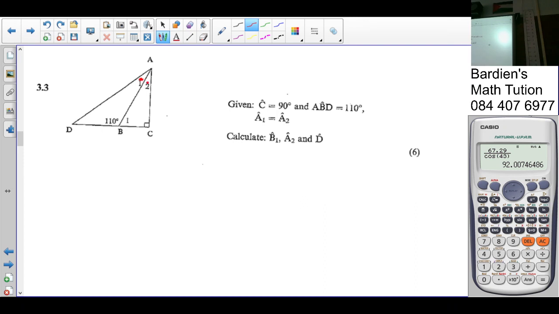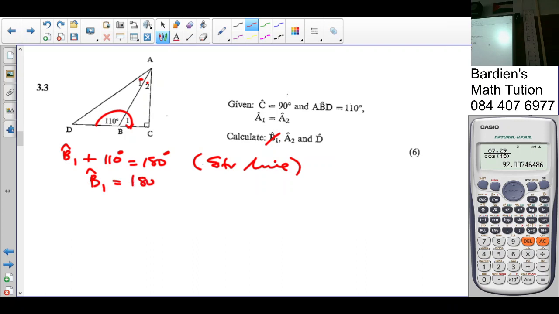Calculate B1, A2 and angle D. So we can calculate B1, there's no problem. Angles on a straight line. So B1 plus 110 is equal to 180. So angle B1 is equal to 180 minus 110, which is 70 degrees.